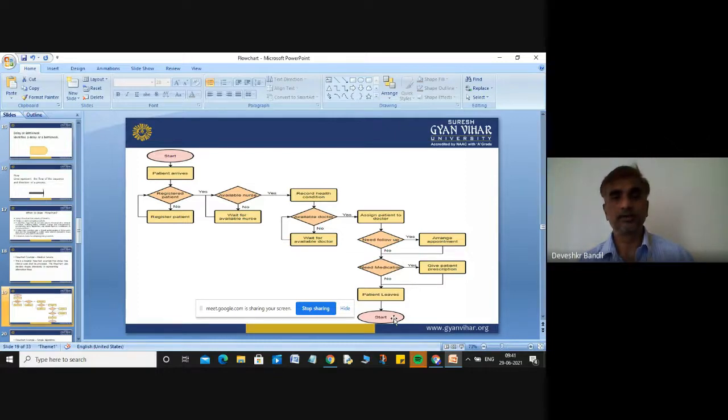If a nurse is available, you will record health condition, and if a nurse is not available, you will wait for an available nurse. So these are all the steps, all the sequence, and you will always follow this sequence when you visit any clinic and want to take any medical service. This is one flowchart of a medical service when you want to take the clinical service.